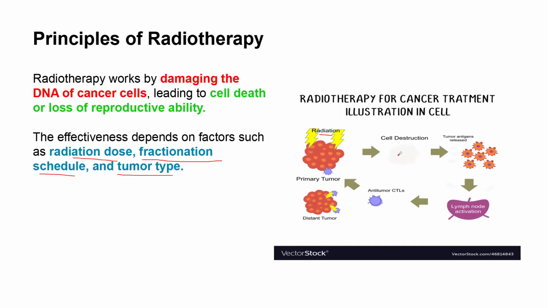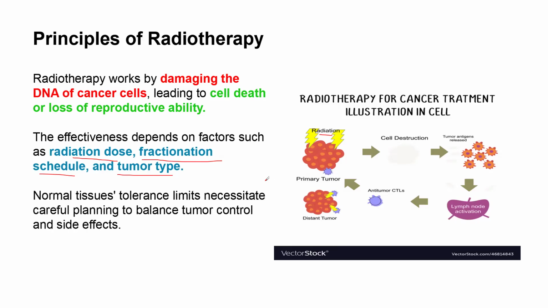So radiotherapy or cancer treatment illustration in a cell. Once we expose them, then those cells will be destroyed. So then the next thing, of course, you need to understand is that normal tissue tolerance limits necessitate careful planning to balance tumor control and side effects.